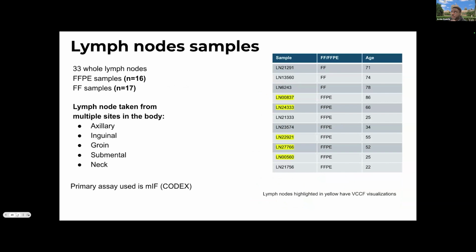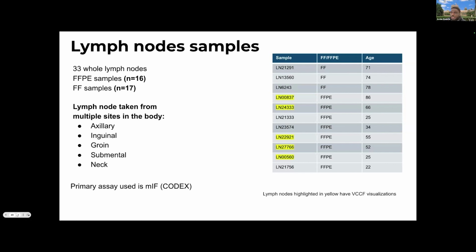As part of our work, we have 33 whole lymph node samples. 16 of these are FFPE and 17 of these are fresh frozen samples. Typically, a patient would not give their lymph node in routine clinical work.